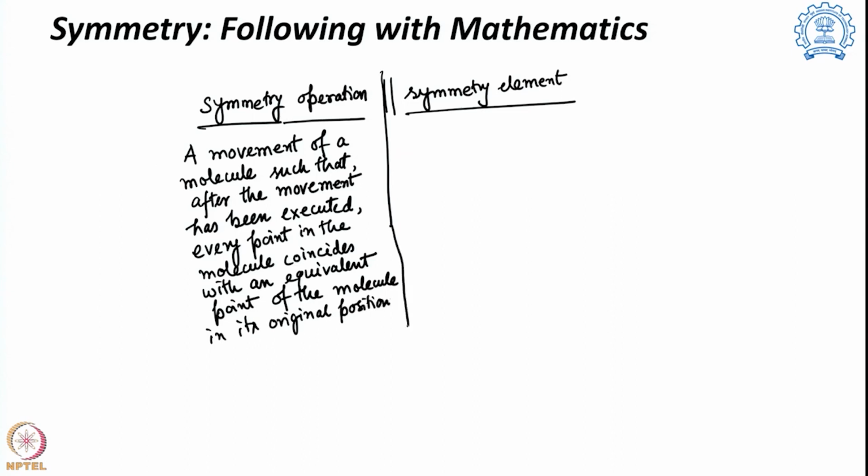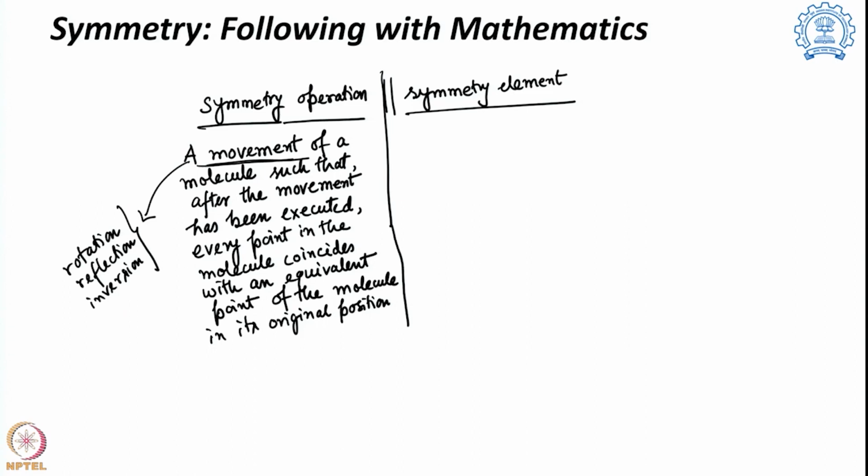It is a bit longer, but let us slowly break it down. We are going to do a movement. What movements are we talking about? The movements are rotation, reflection, inversion. This kind of movement we are going to do around the molecule. When you do this movement, the molecule changes its orientation to a totally new orientation, and in this new orientation we try to find what happens to the different parts of the molecule.